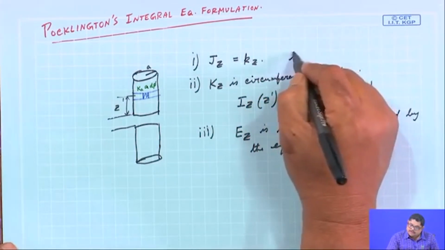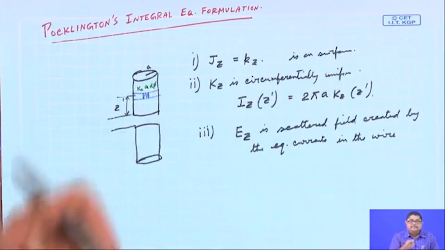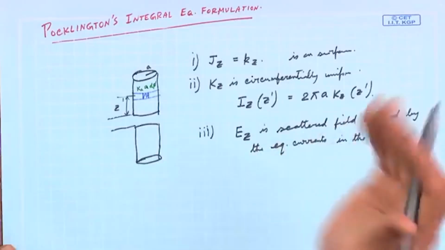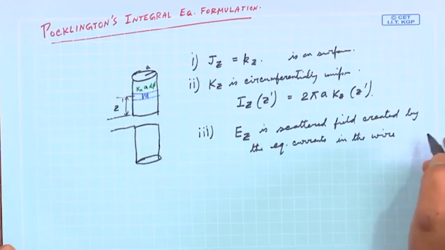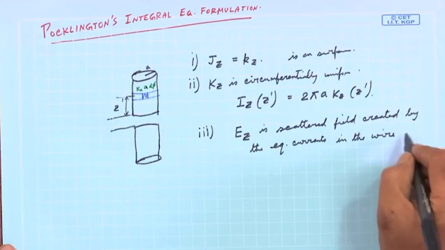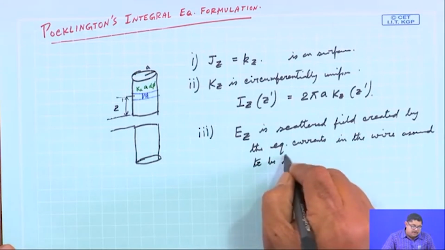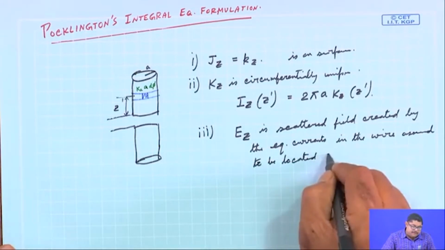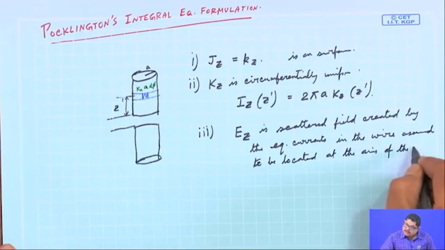Actually J z is on the surface here, but it says that this circumferential current, I can finally take an axial current equivalent to that, and that will scatter the field. That field we will call E z, created by the equivalent current in the wire, assumed to be located at the axis of the cylinder.